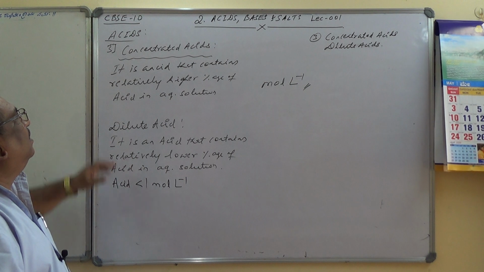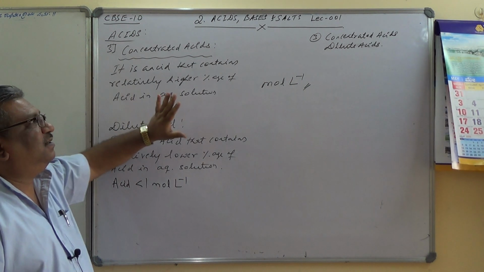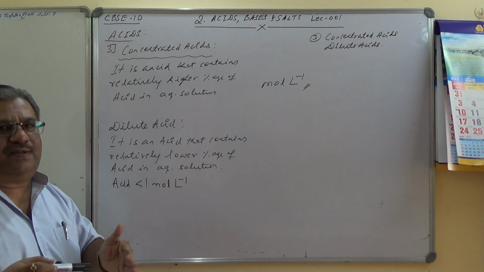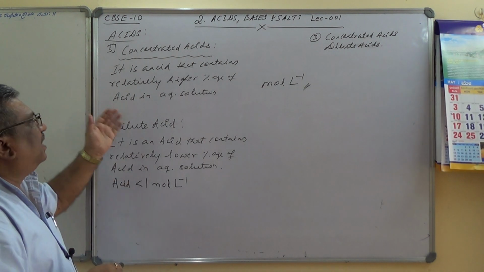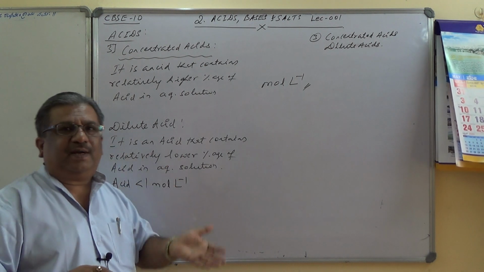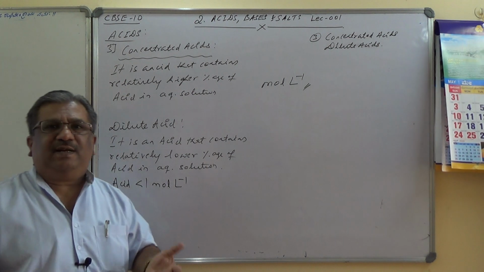So we have seen the definition of acids and the different types. The types, in the sense, it is a very simple classification of acids. Acid classification is totally different, but for our understanding we just divided acids into strong acids and weak acids, concentrated and dilute acids, organic acids and mineral acids.